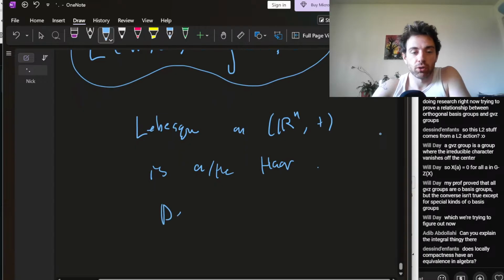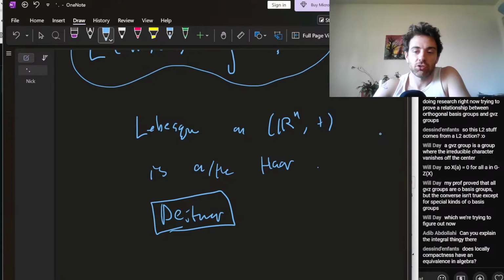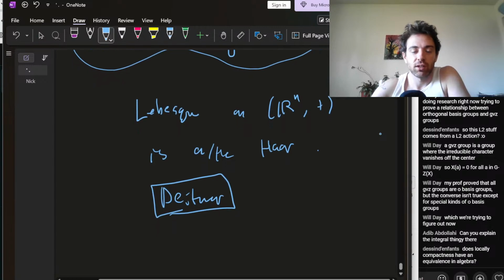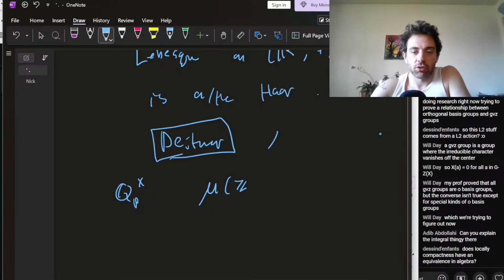There's some really cool examples in Dietmar's book where you can do computations and you don't even need to know so explicitly what it is. For example, in Q_p^×, you basically just say, well, there's a way to relate the additive Haar measure on Q_p^+ to the multiplicative Haar measure on Q_p^×.